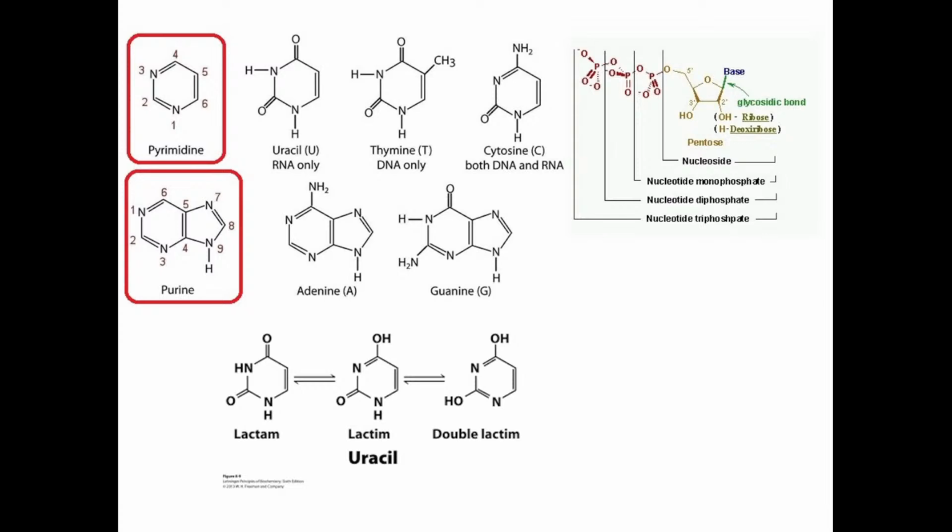We will talk about it a little later, but it is the real reason of mutation, the usual, spontaneous reason of mutations, a transformation to the lactim form. And in this case, Chargaff's rule will be disturbed.